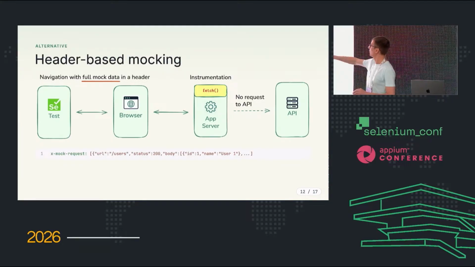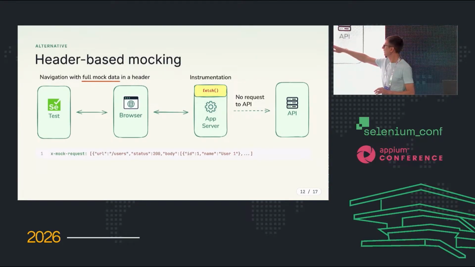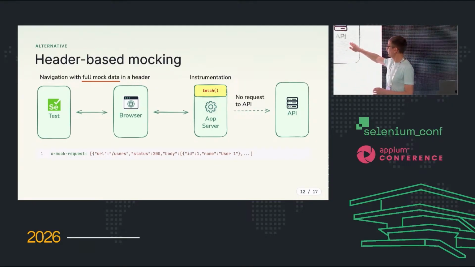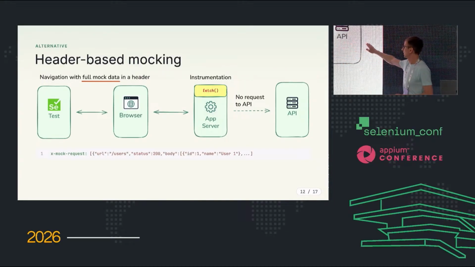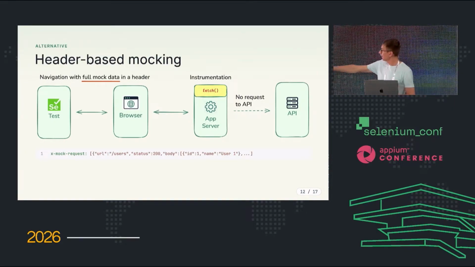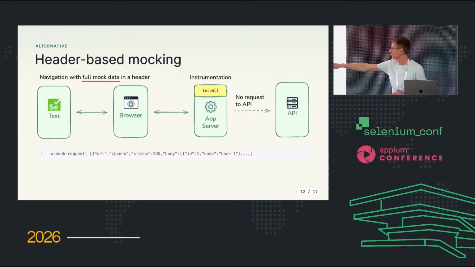And then on the application server, we intercept these headers, handle them, and if there is a request to a real API, in this case, we just return the response without making a request to a real API. How can this header look? Here is the example. It's just a stringified JSON string with all the parameters of our mock that we want to achieve.